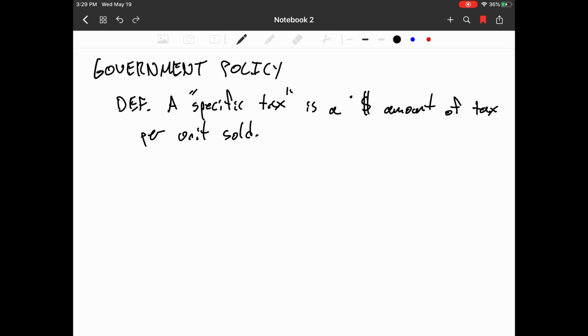And I just want to point out here, this is not the only type of tax. Another type is what we call an ad valorem tax, which we can define too. An ad valorem tax is a percentage of the price. You'll see ad valorem taxes all over the place.